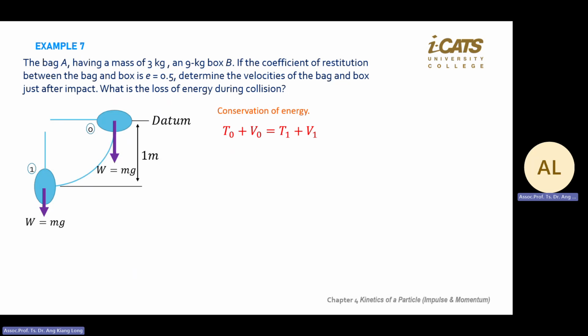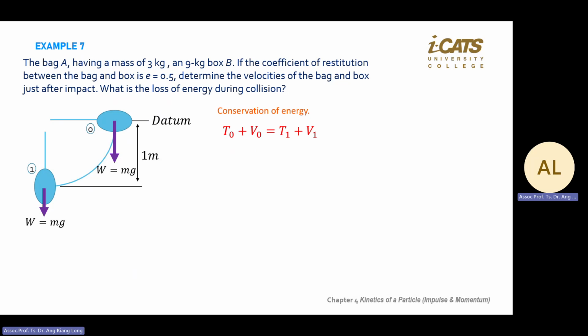Okay, if you forget or if you don't know how to write this one, you can write in sentence. You can write kinetic energy before plus potential energy before equal to kinetic energy after plus potential energy after. Then you write the equation. T will become half mv squared. And potential will be mgh, or you can write Wy or Wh. Okay, it depends on your diagram.